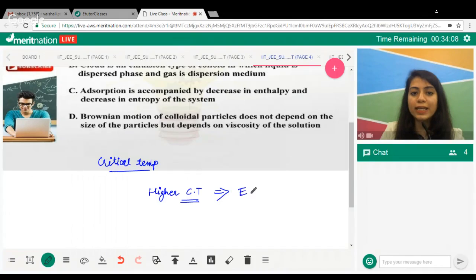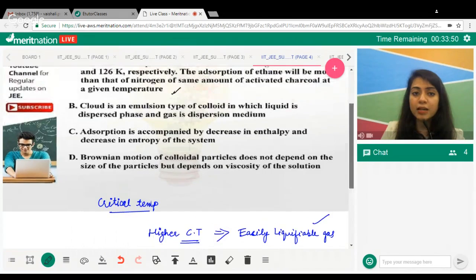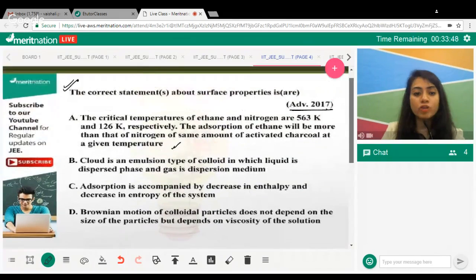And the lower the value of critical temperature, the more difficult it is to liquefy the gas. The more easily you can liquefy the gas, the more easily it can be adsorbed also.